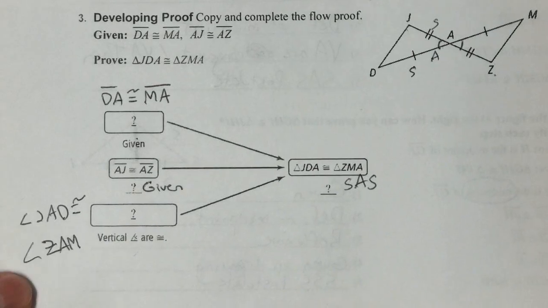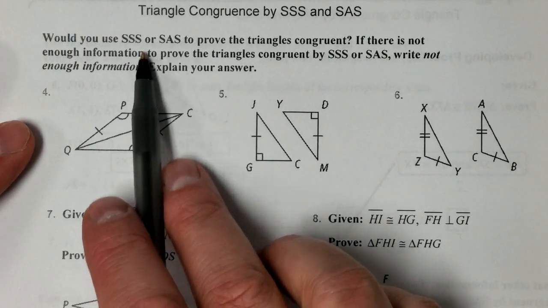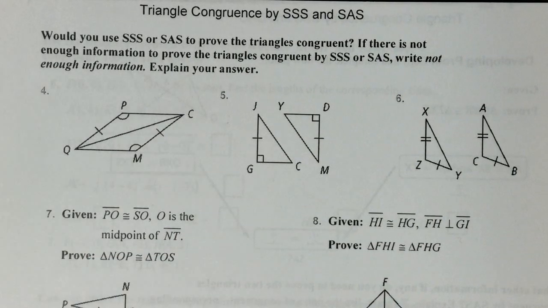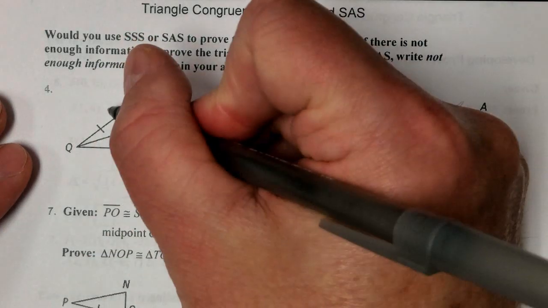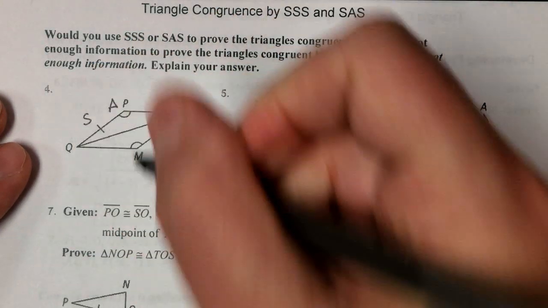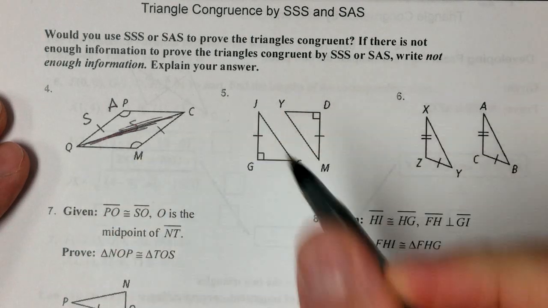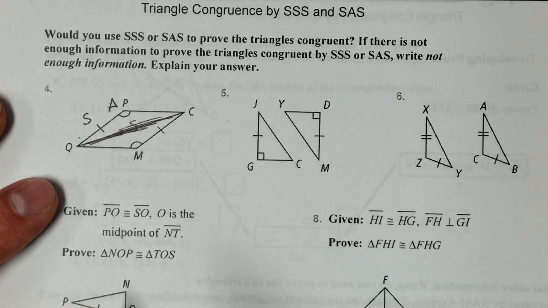Okay, so then our next one, would you use SSS or SAS, or is there not enough information? So on this one, you've got this angle and this side and this shared side. So you can think of that as SSA or ASS.